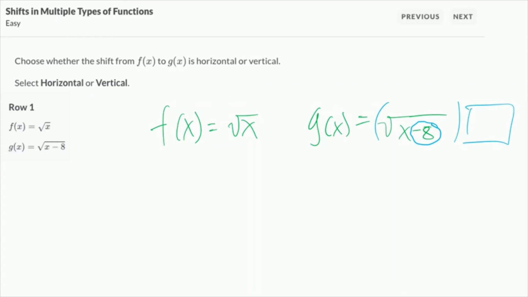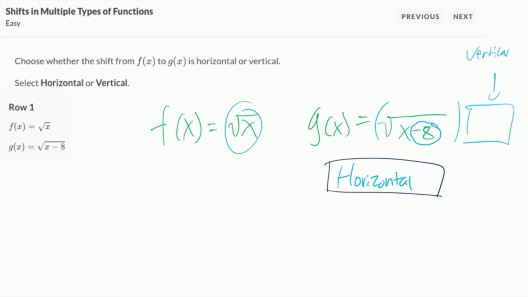That means it will have to be horizontal. If anything is added or subtracted outside our f of x, or radical, that would be vertical. But in our case, the change is happening inside the radical. So that's why our answer will be horizontal.